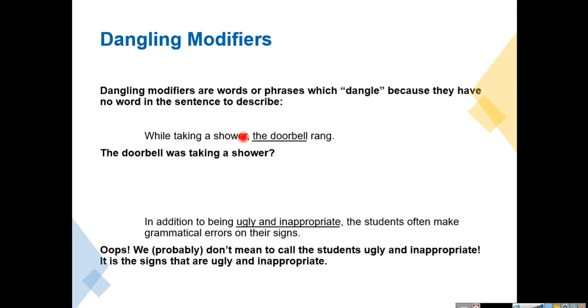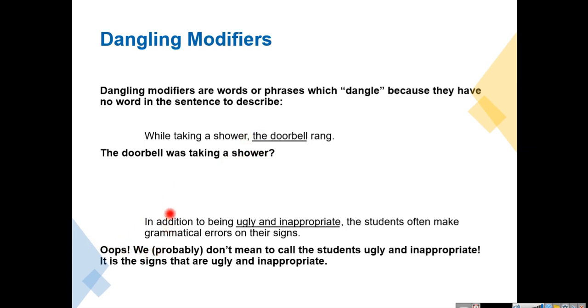This is supposed to modify the next thing that's along with it, in this case, the doorbell rang. So if we say, while taking a shower, the doorbell rang, the doorbell was taking a shower? Well, that doesn't make sense. Instead, you should write that someone was taking the shower.